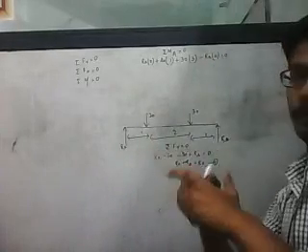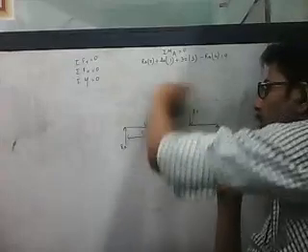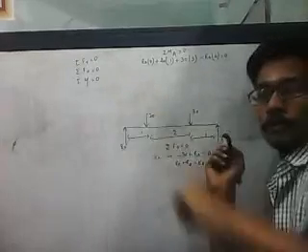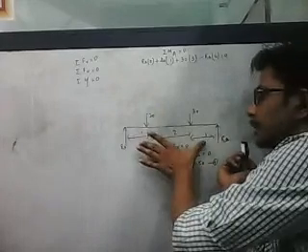Minus 4 Rb, Rb into this, anti-clockwise. The distance is 4 meters.